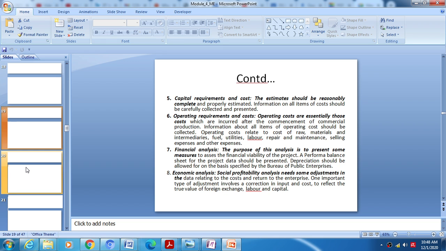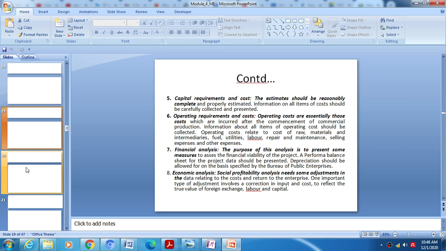The next one is operating requirements and costs. Operating costs are essentially those costs which are incurred after the commencement of commercial production. Information about all items of operating cost should be collected. Operating costs relate to the cost of raw materials and intermediaries, fuel, utilities, labor, repair and maintenance, selling expenses, and other expenses.